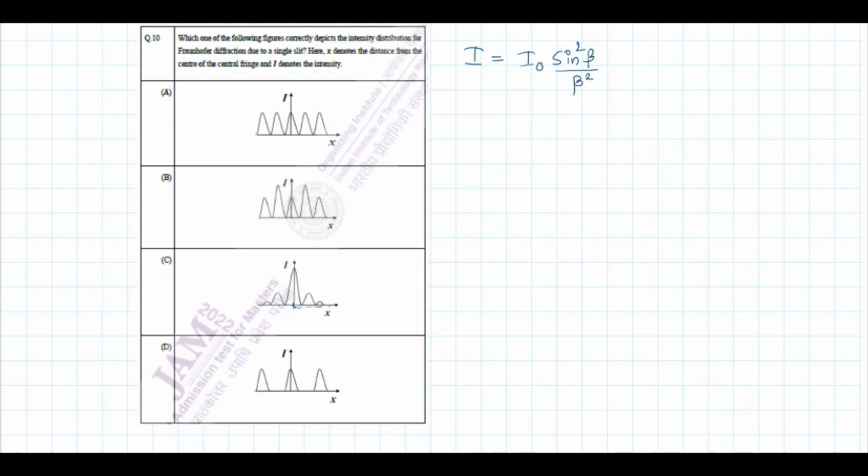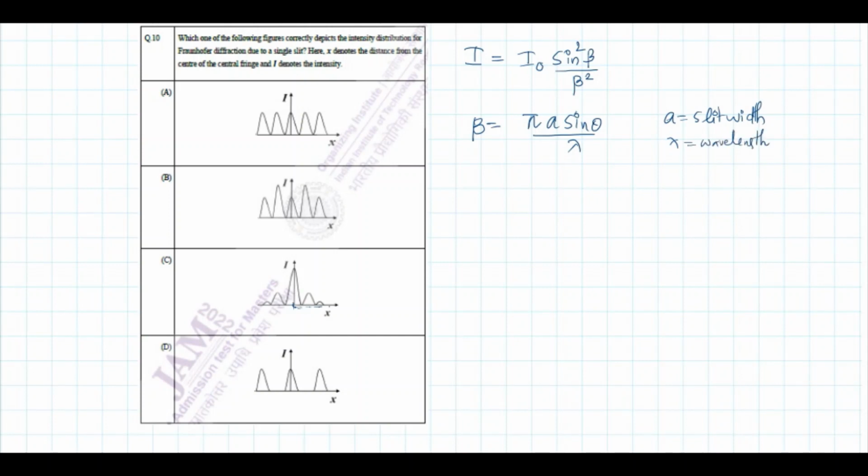This is the intensity distribution of a single slit diffraction pattern. Beta is pi a sine theta divided by lambda. A is slit width. Lambda is wavelength.